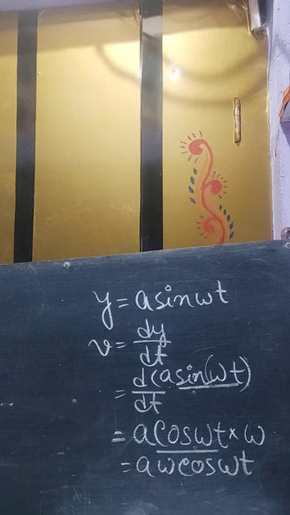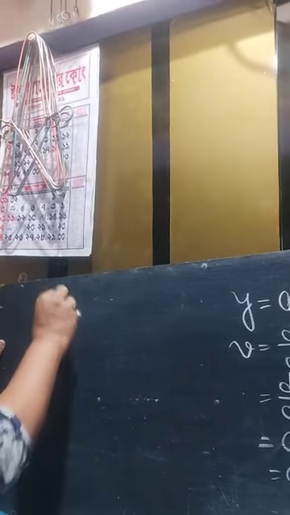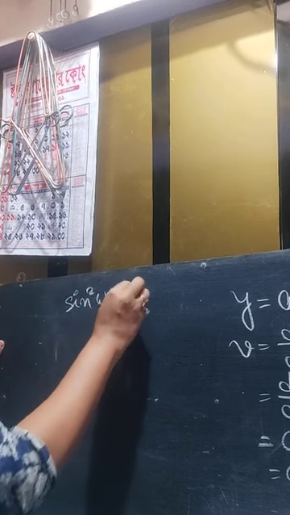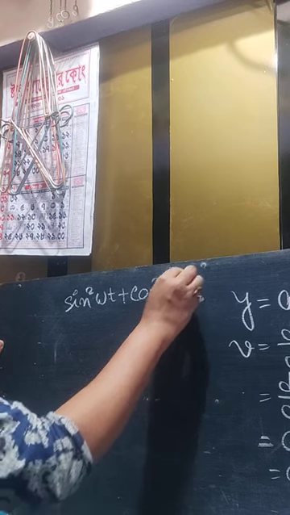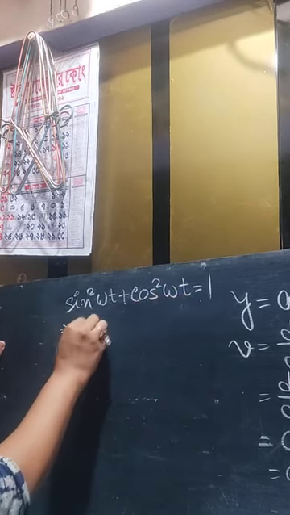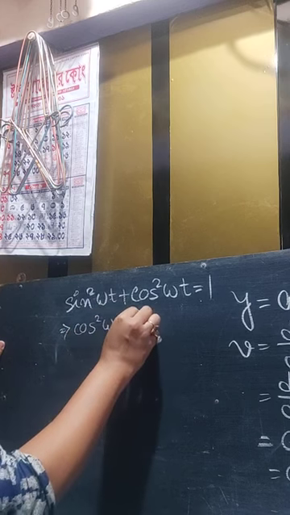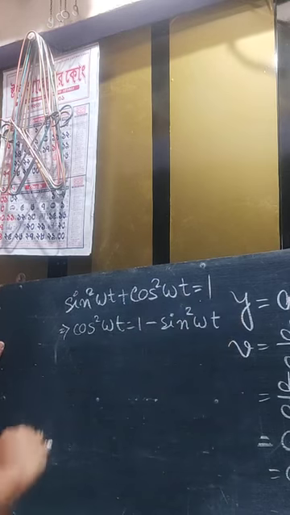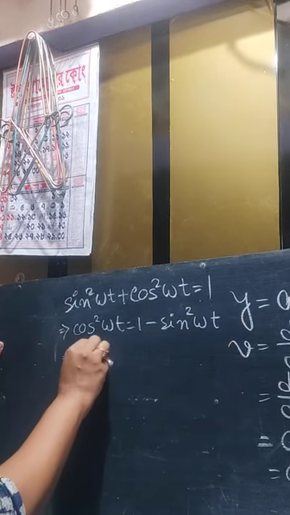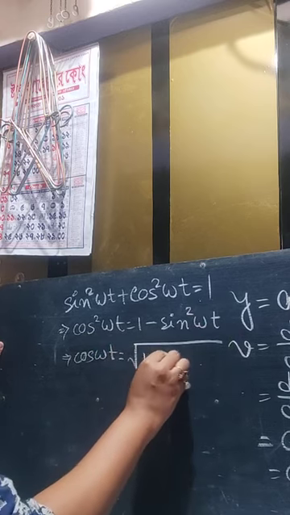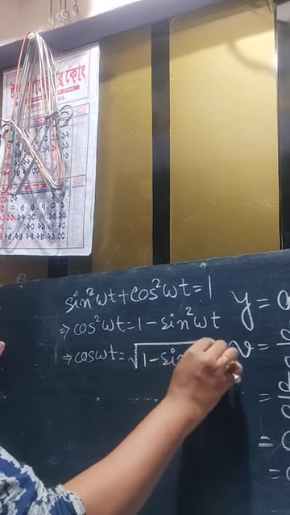Now, instead of cos omega t, what can we write? We know that sin square omega t plus cos square omega t is equal to 1. So cos square omega t is nothing but 1 minus sin square omega t. Again, cos omega t is nothing but under root of 1 minus sin square omega t.